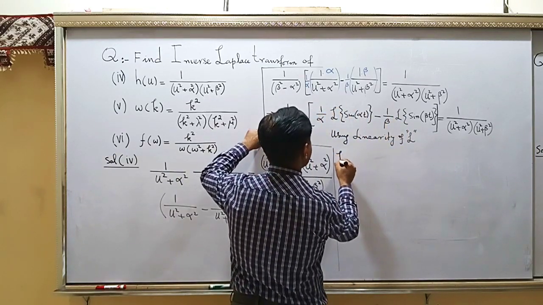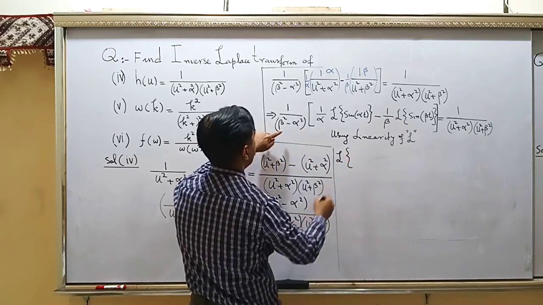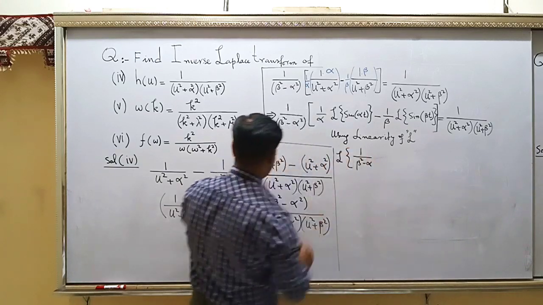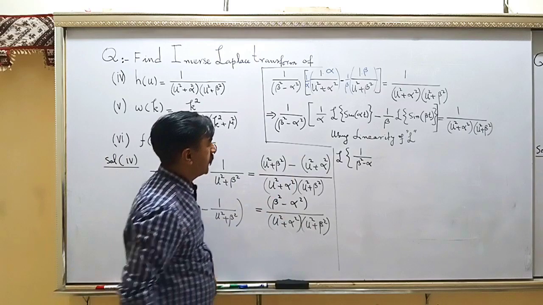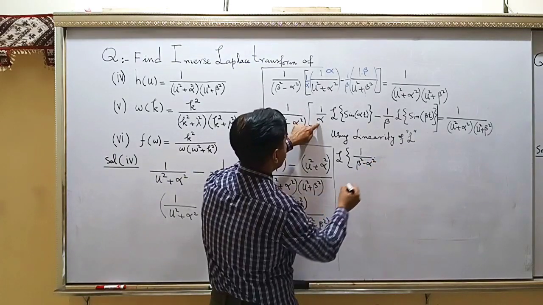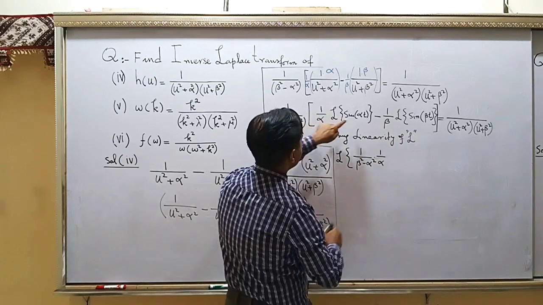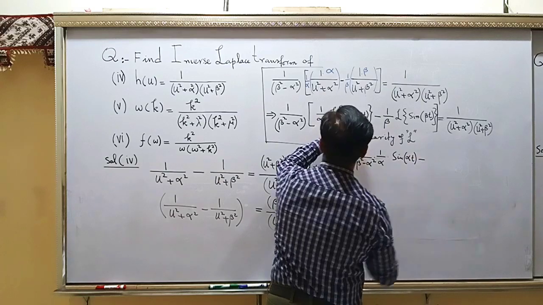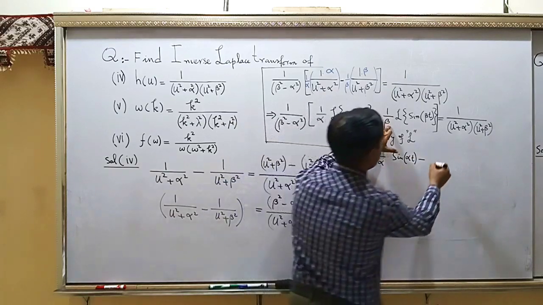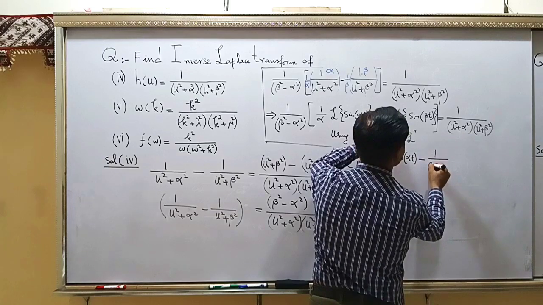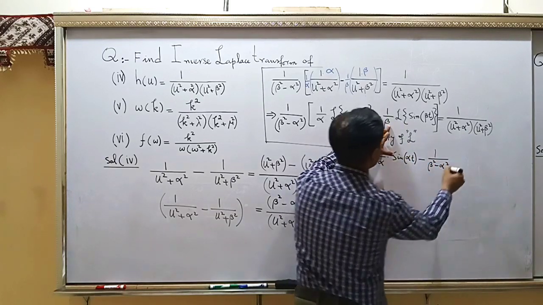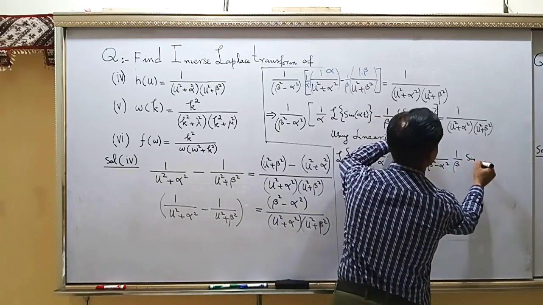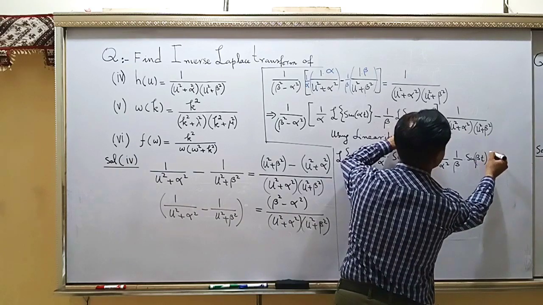So L is here and it is acting on 1 over beta square minus alpha square into this 1 over alpha into sine of alpha t minus 1 over beta square minus alpha square into 1 over beta into sine of beta t, right?